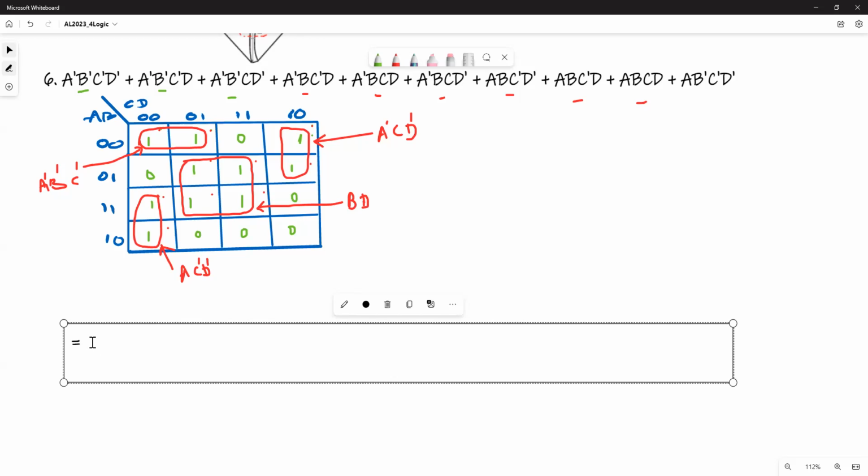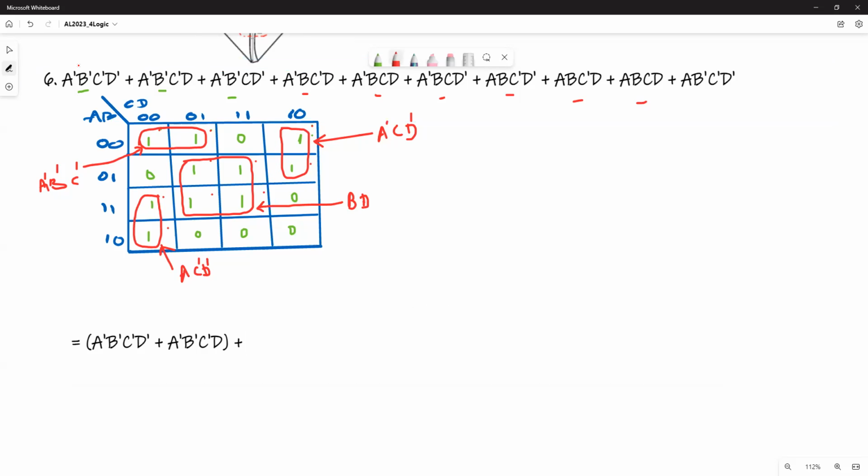So let me put brackets, so that now we know what we are going to do. So I'm going to get A bar, B bar, C bar, D bar, plus then A bar, B bar, C bar, D. So that is one of the terms, plus. Then from here I have taken this one and this one. Yes, agreed.